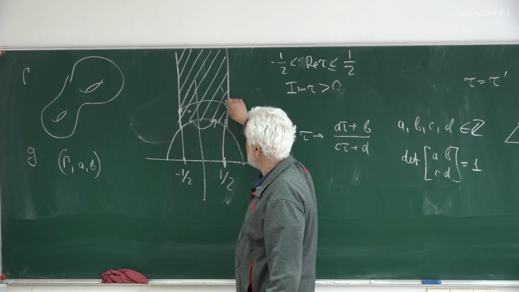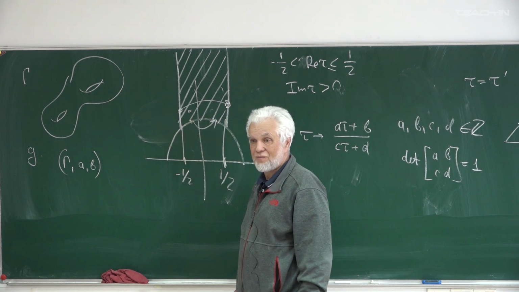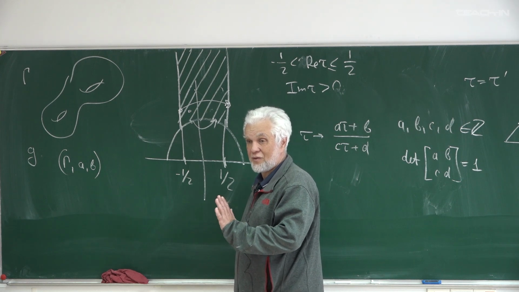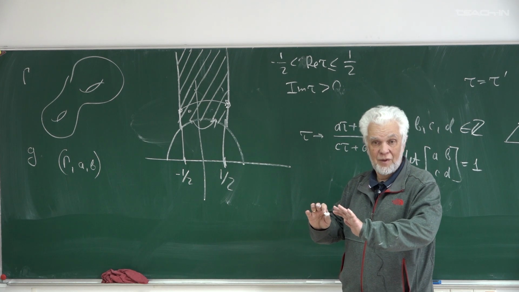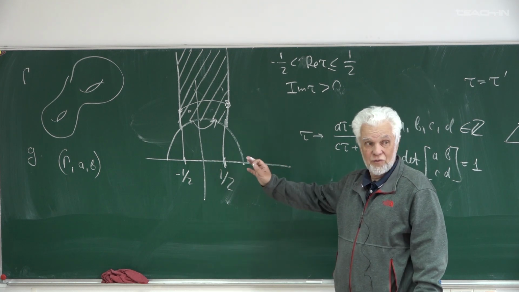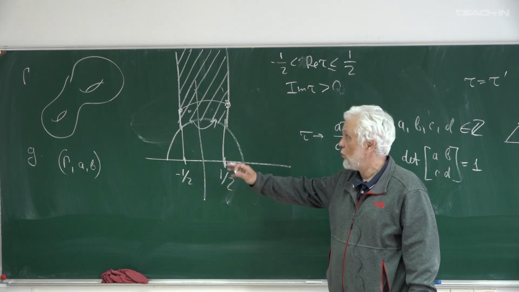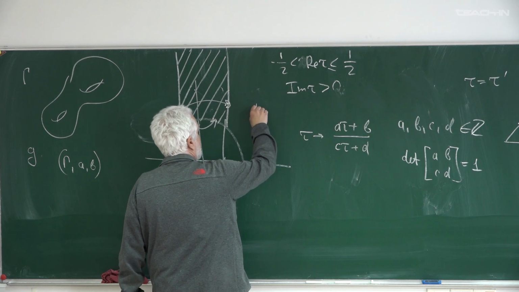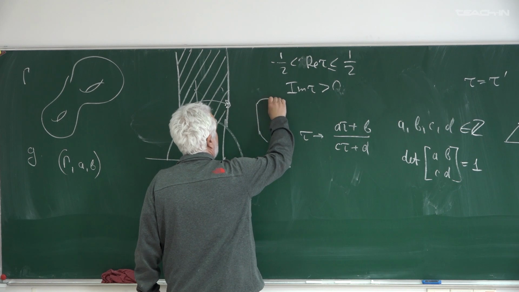If you are at the boundary, you have this or this. This is glued to this. So you obtain the sphere, you understand. After such gluing, you obtain the sphere. And this is the moduli space. Okay, you understand? So the moduli space is this.